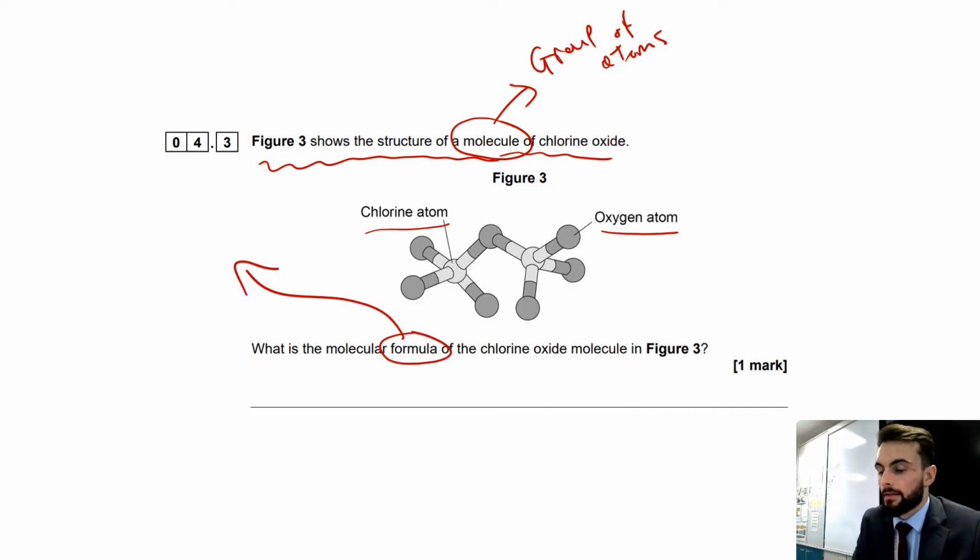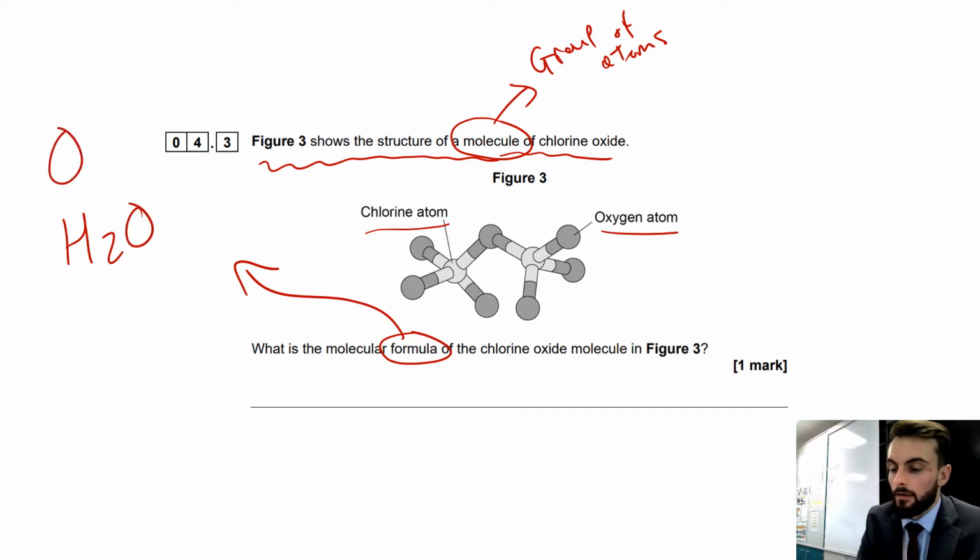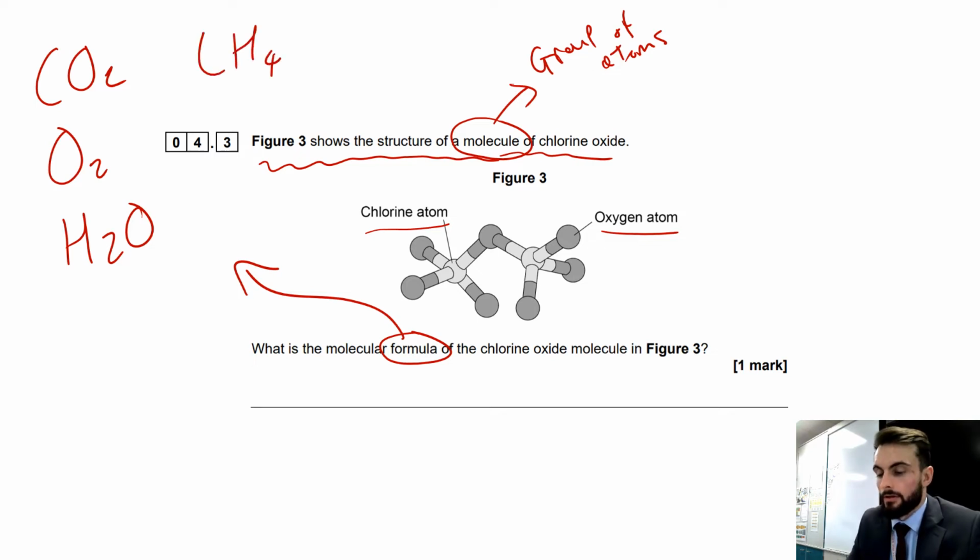Formula is all of the things, chemical formula, molecular formula, all of the different chemicals that you've mentioned throughout high school. The formula would be things like H2O, O2, CO2, CH4. So the symbols with the numbers that tell you how many of each atom is in this molecule. So what's the one for chlorine oxide?